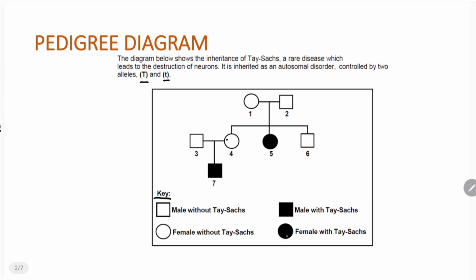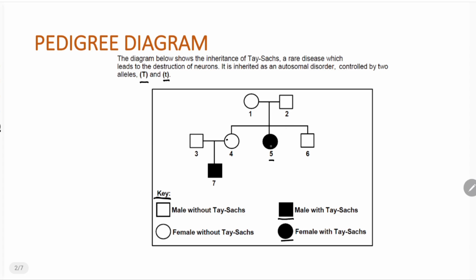But if I come back here to my key, I know that a black circle and a black box will represent a person who has Tay-Sachs, right? So for example, let's look at individual 5. Individual 5 is an offspring of individual 1 and individual 2.